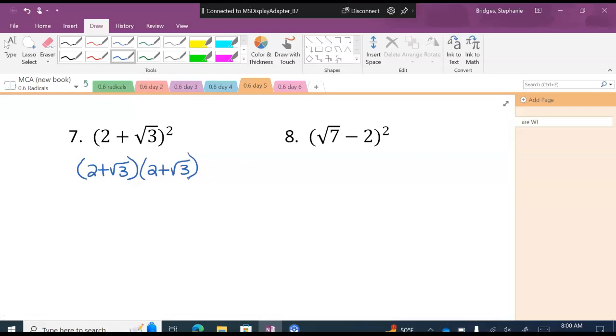Okay? Again, just make sure you write it twice, exactly as it is in both parentheses. Don't change anything. And then distribute. So go ahead and finish both 7 and 8. We're going to write it twice, exactly as it is, and then distribute. And combine your like terms.